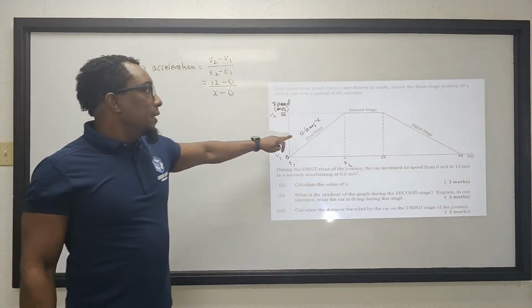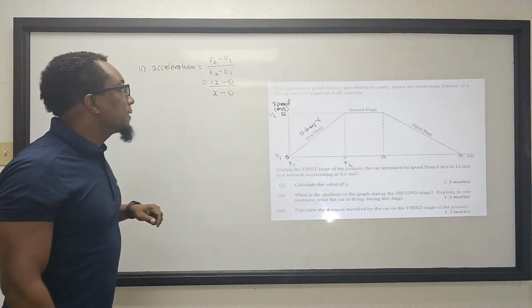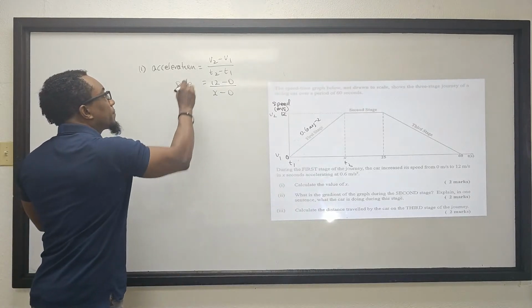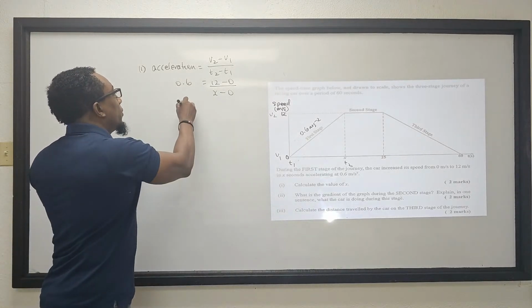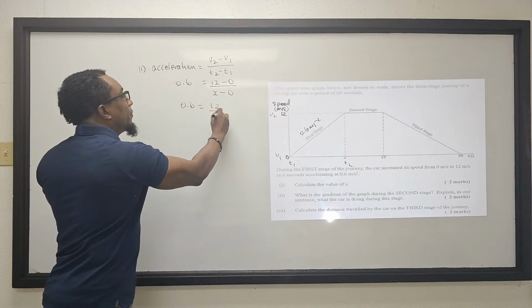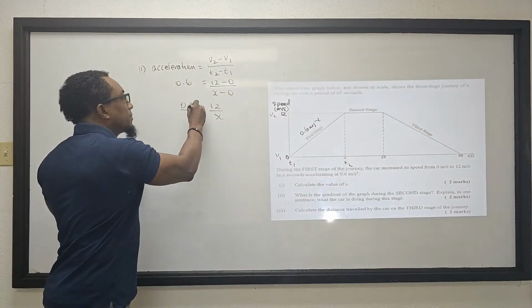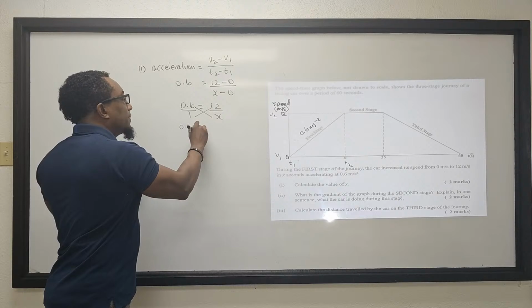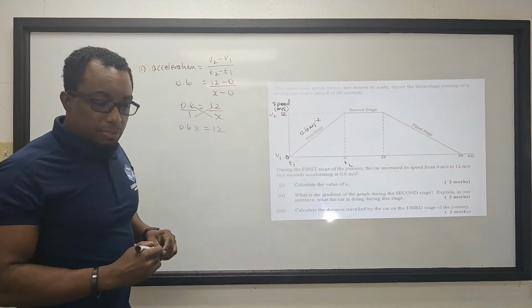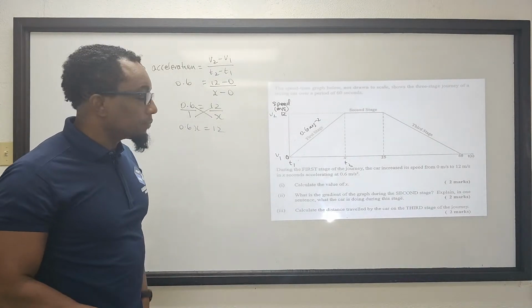And of course the acceleration is 0.6 meters per second squared. So 0.6 is equal to 12 over x. What we can do here is cross multiply. 0.6x is equal to 12, to remove it from the fraction.